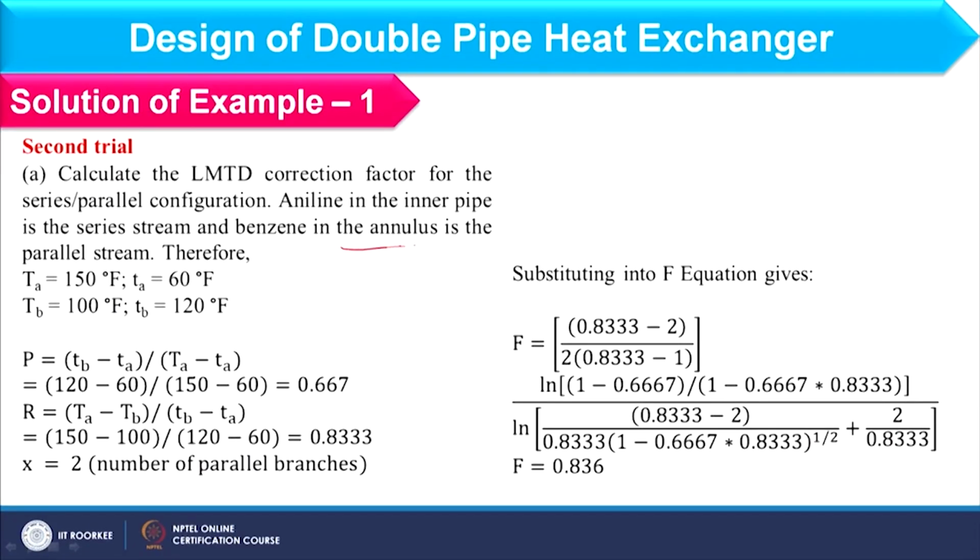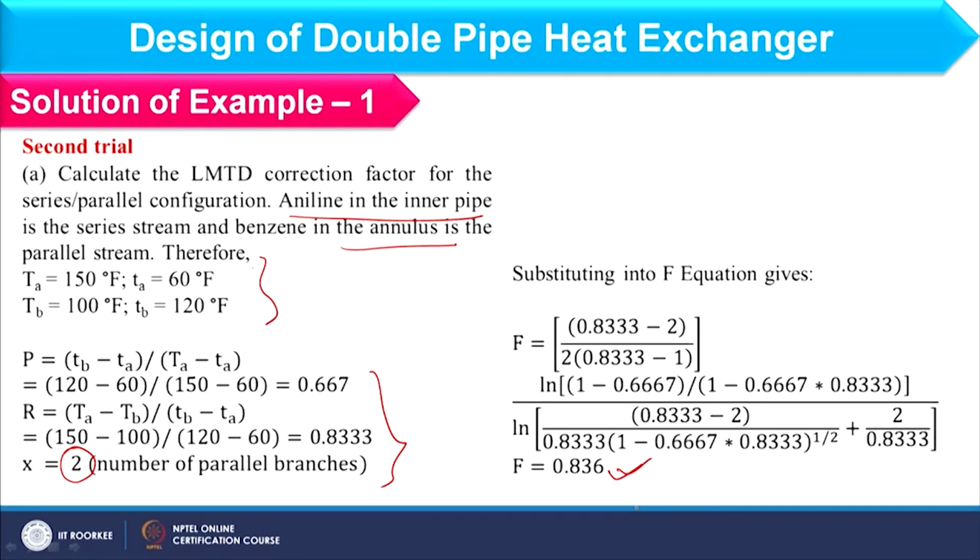Okay. So, here I am having benzene in annulus side and aniline in inner pipe. So, here I am having the temperature differences, and because I am considering parallel flow, I have to calculate Ft factor also, and that we can consider depending upon the branches. So, we can consider two branches over here.